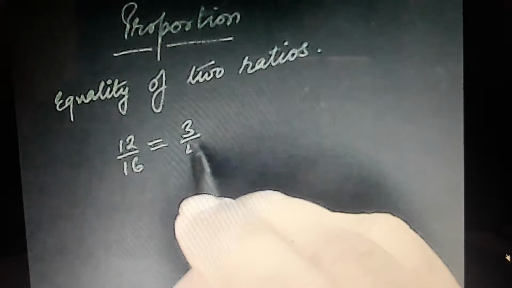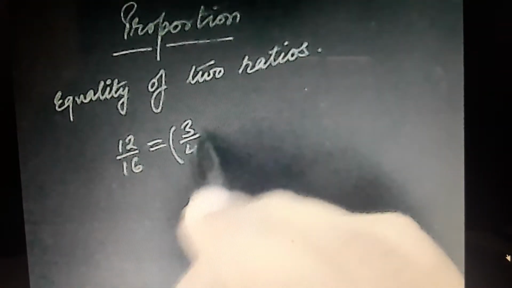So equality of two ratios is something like, let's say we have 12 upon 16, and this can be equal to 3 upon 4. So yes, this ratio and this ratio are said to be in proportion with each other.